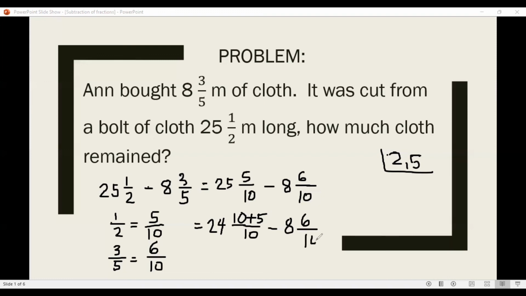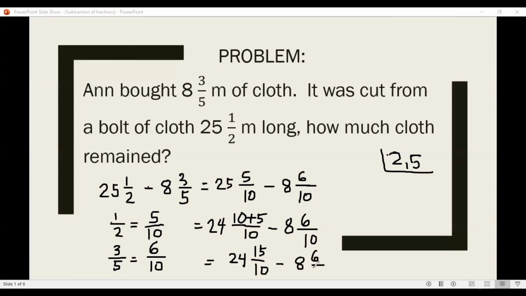Okay, so we have now the answer for this one. You have now 24, and this is equivalent now to 15 over 10, and we are going to subtract 8 and 6 over 10.